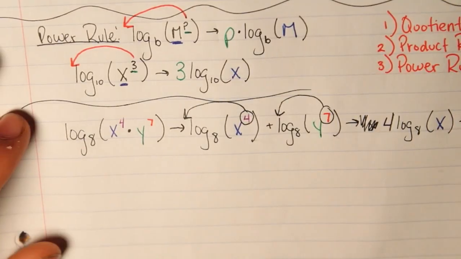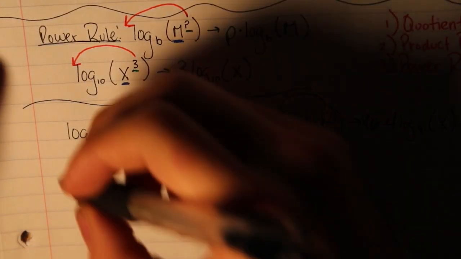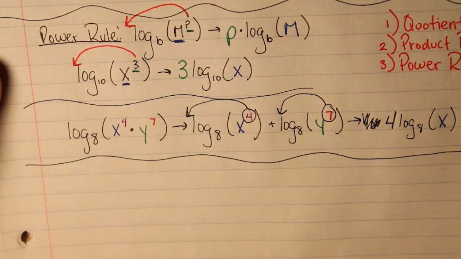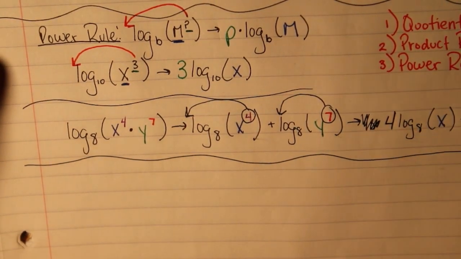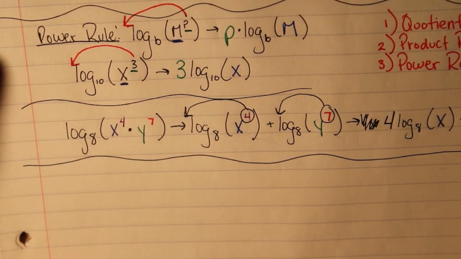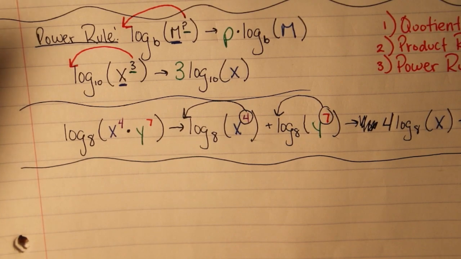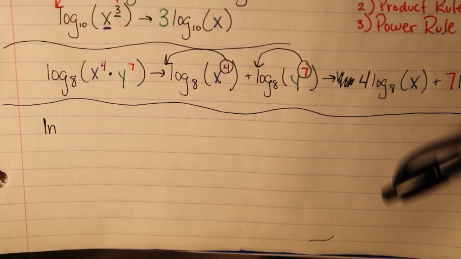All right? Let's do 2 more problems. That was the power rule and the product rule combined. Now we're going to do the power rule and the quotient rule combined. All right? Cool.